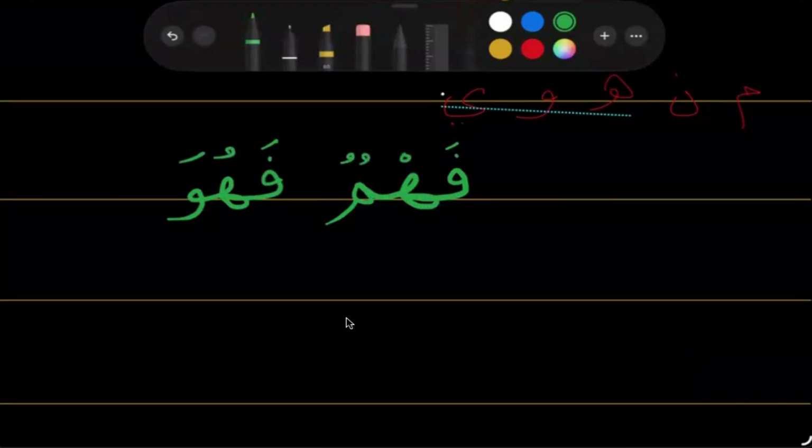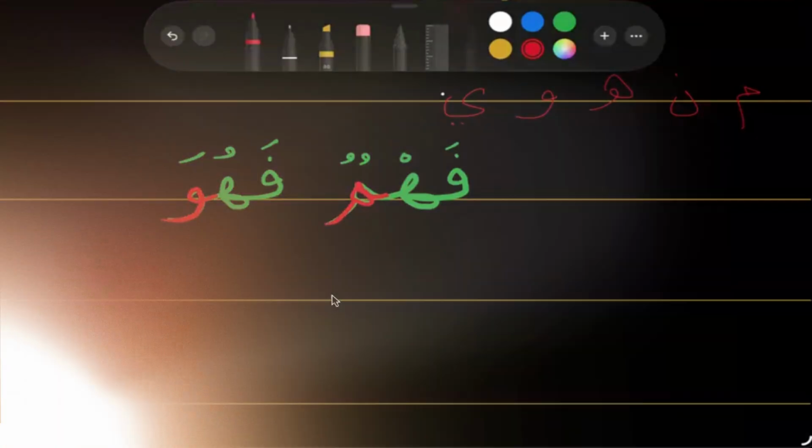Fahmun. So you can see here the difference between this meem and this waw. I call that the short meem. There's a longer meem too. Inshallah, we'll see it next time if Allah enables us. Barakallahu feek. Ameen wa feekum.